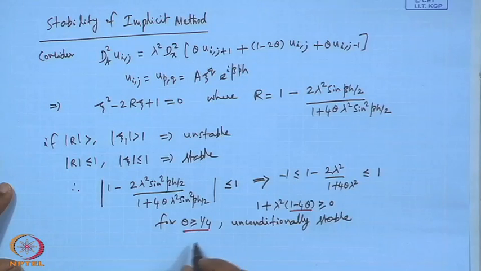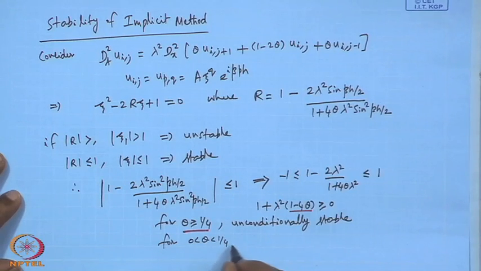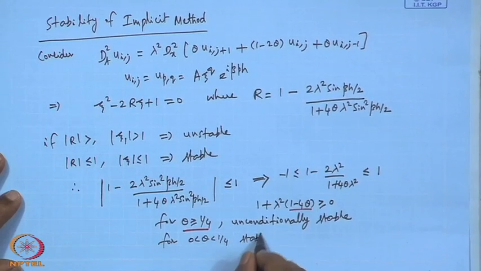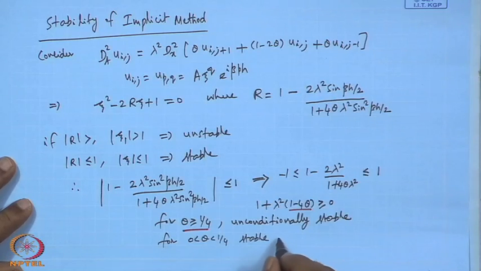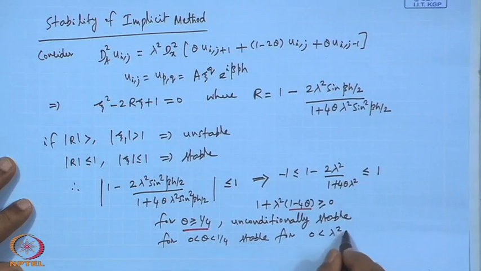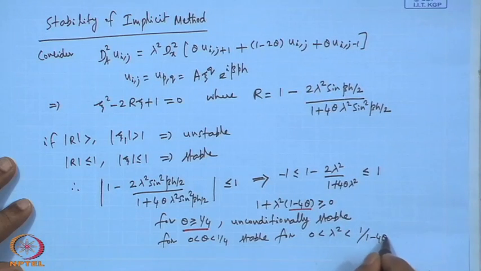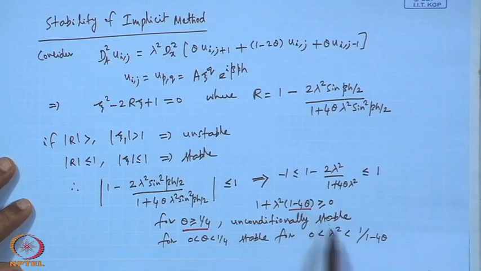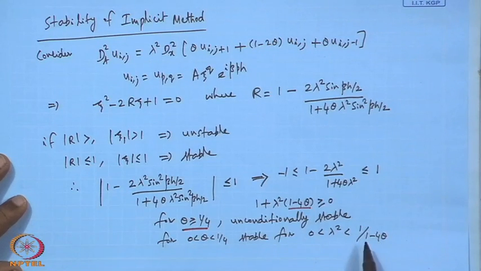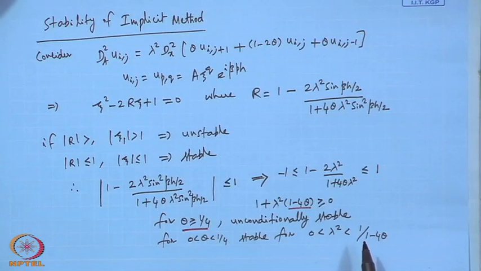Then if theta is less, then stable for some condition, okay, we can obtain. So, this is the stability aspects of implicit method.